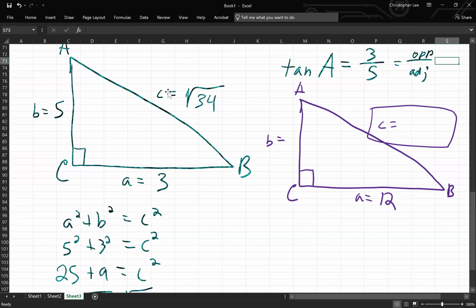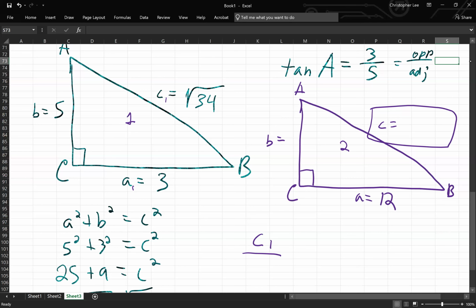Let's just say hypothetically that this was triangle 1 and this is triangle 2. So this is like A1, C1. So what would I do?